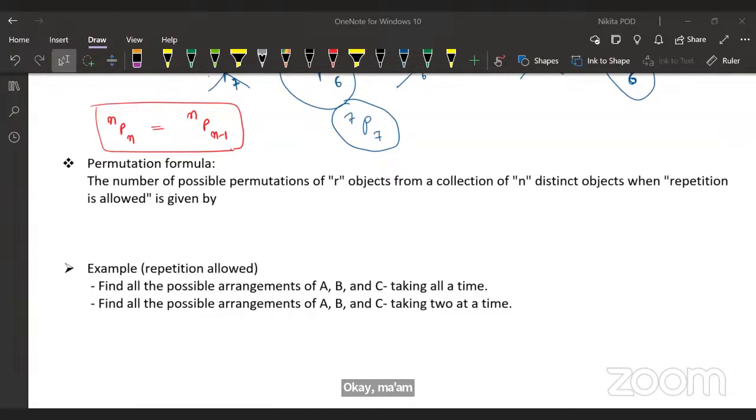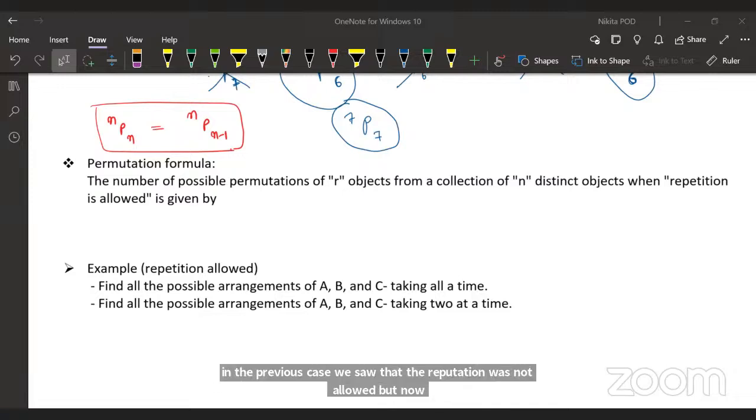All right. Next, what is the formula when you have n distinct objects but repetition is allowed? In the previous case the repetition was not allowed, but now the repetition is also allowed.